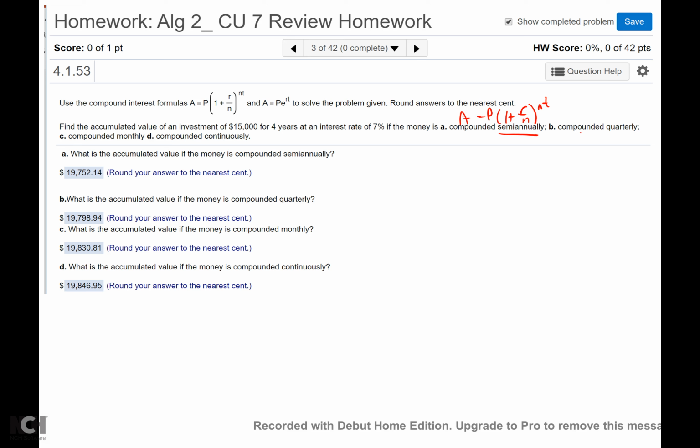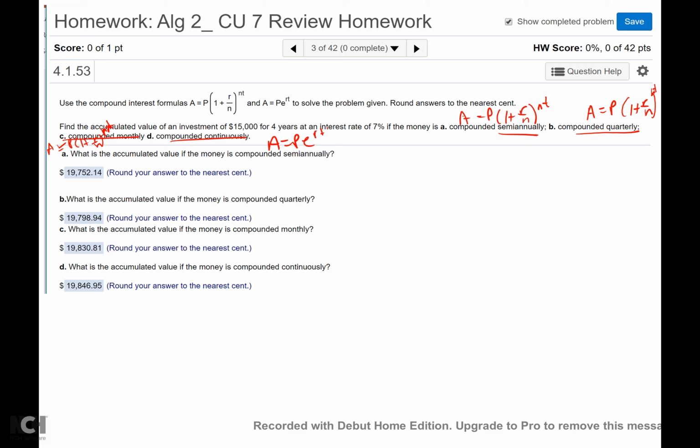And B, compounded quarterly, again I'd be using A per naught. And compounded monthly, A per naught, to the nt, sorry. And then compounded continuously, that one we'll use A per for.